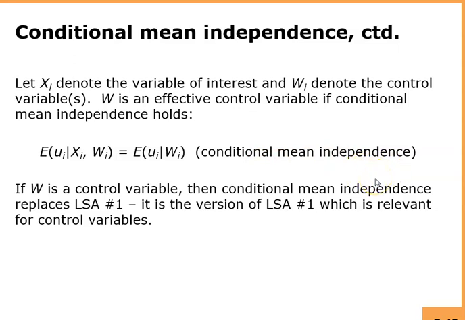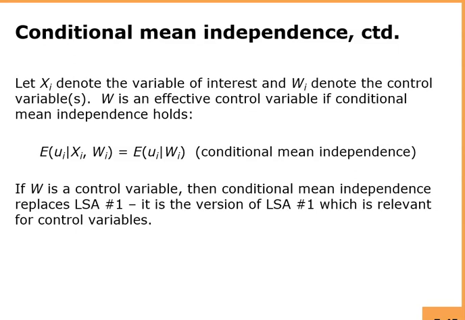Essentially, if the control variable is sufficiently correlated with the error term, it can take away from the correlation between the variable of interest and the error term. A control variable that does that is the ideal control variable to include in our regression equation.